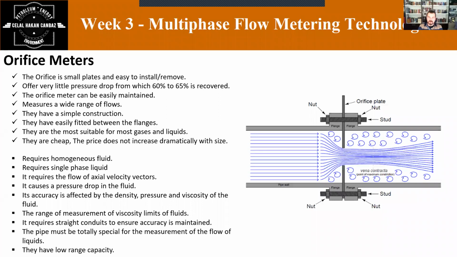It requires straight conduits to ensure accuracy is maintained. The pipe must be totally special for the measurement of the flow of liquids. It has low range capacity. These can be given as the challenges of these orifice meters. So I tried to explain the single phase meters to you.